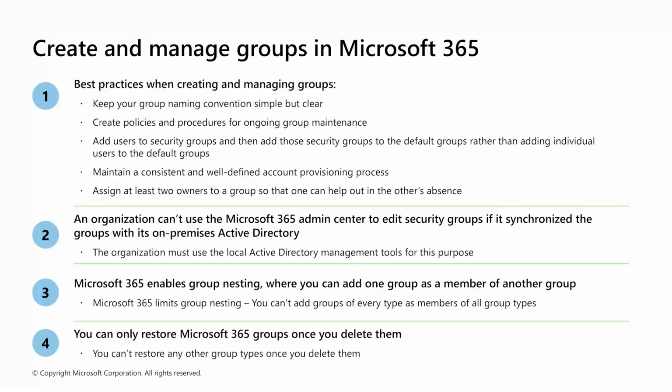So keep your group naming convention simple but clear. That is important. Groups must have at least two owners, right? When you create a group, you will be the owner of it. After that, you can add one more, so that at least two owners of a group can help each other in their absence.